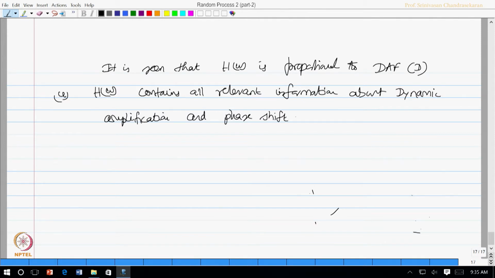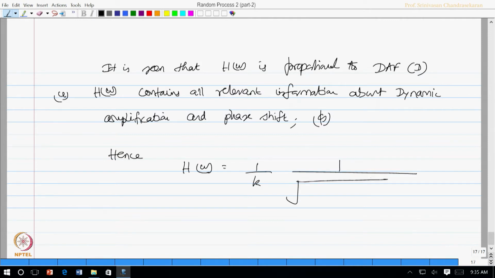Phase shift is of course given by phi. Hence, H omega, as we said, is 1 by k times 1 by root of (1 minus beta square) plus (2 zeta beta) square, times e to the power of minus i phi. There is a specific reason why we use e power minus i phi in this equation.